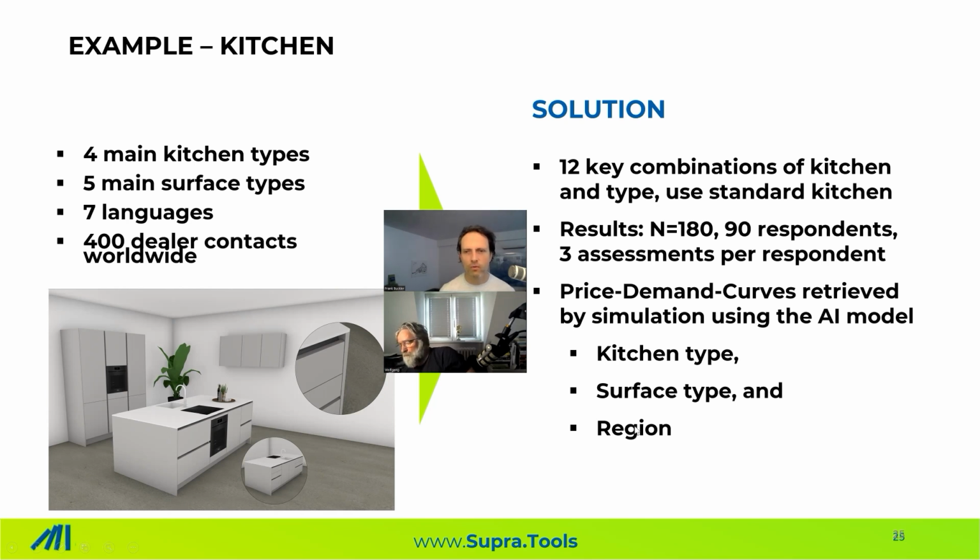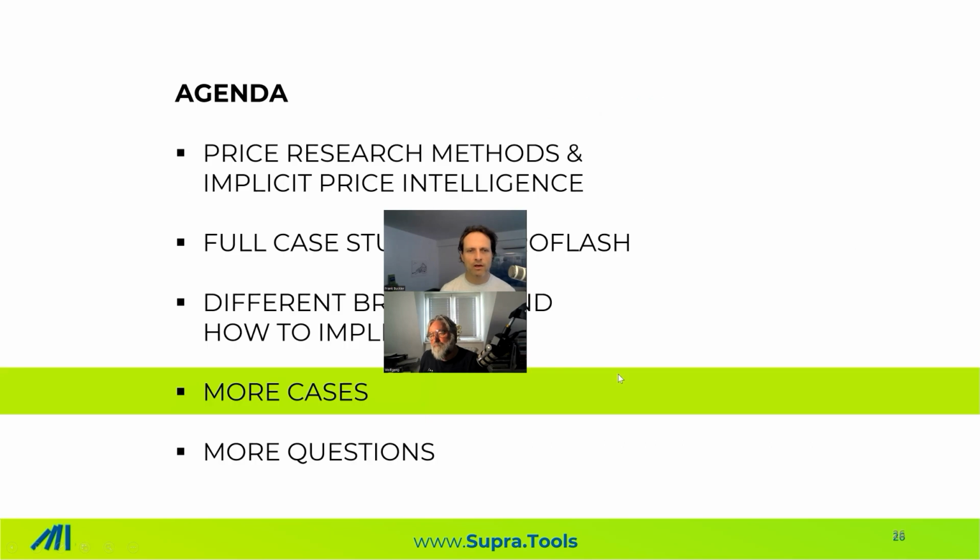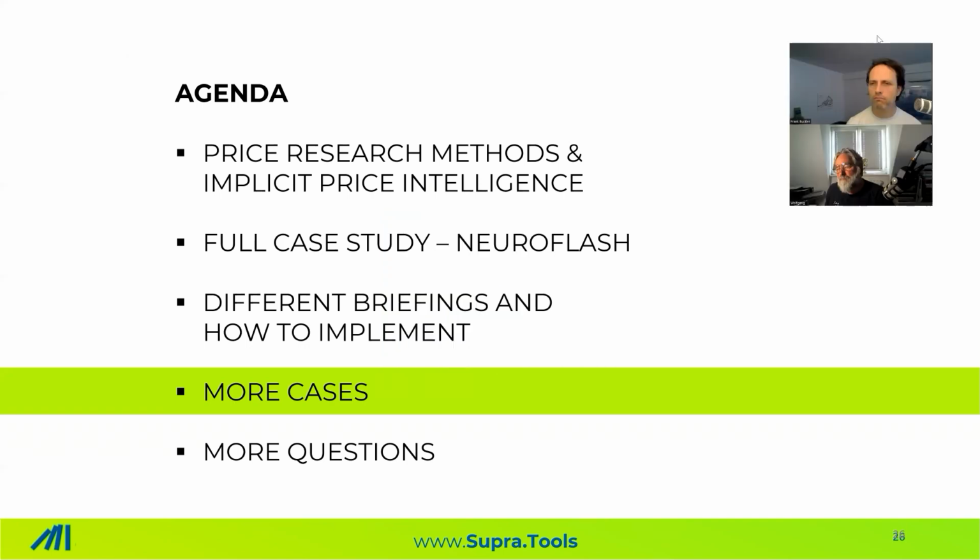So with this model, we can predict different willingness to pay curves for each combination of kitchen type, surface, and language. So those were three examples of rather complicated setups.